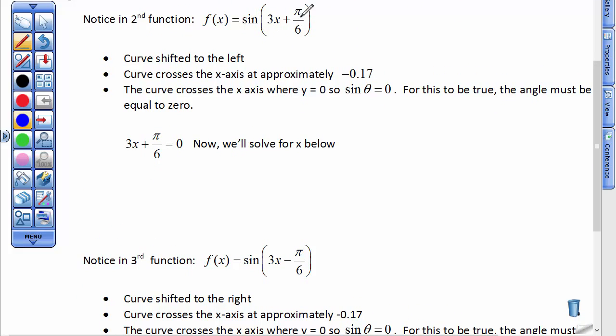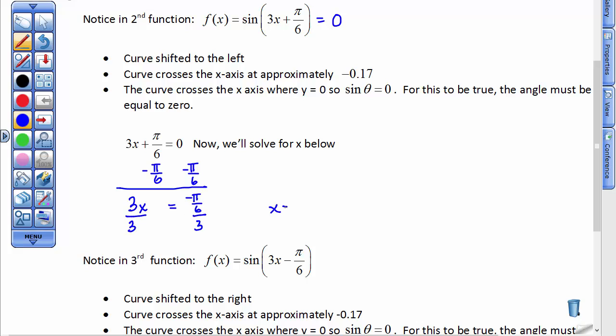Since I want this to be equal to 0, so that the sine of 0 is equal to 0, I'll set this equal to 0. To solve for x, I'll subtract pi over 6 from both sides, and I'll have 3x equals negative pi over 6. Now, in order to solve for x, I'm going to divide both sides by 3.